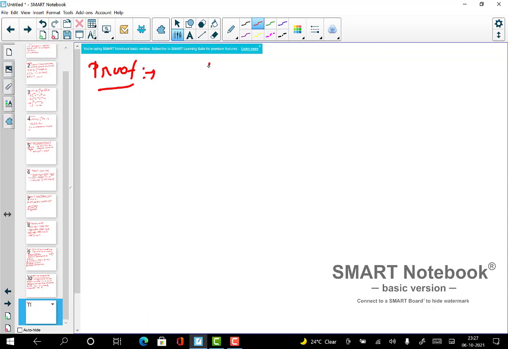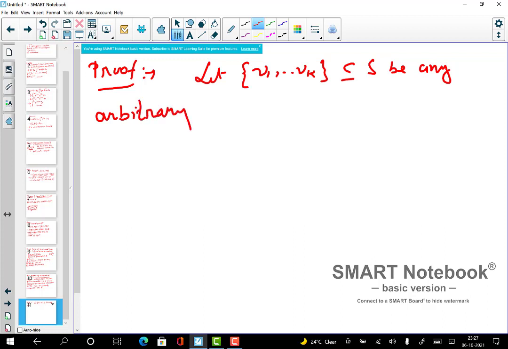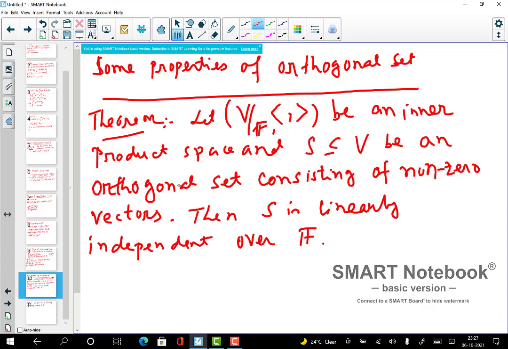So let you choose v1, v2, ..., vk as an arbitrary subset of S, and what is given is that S is orthogonal.